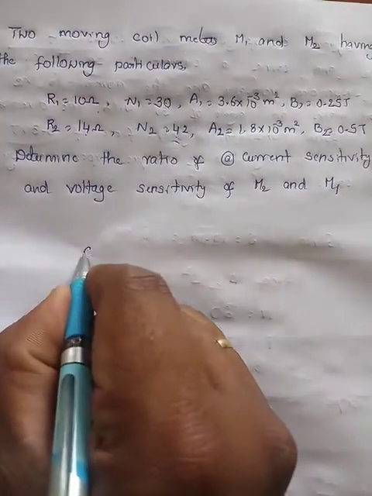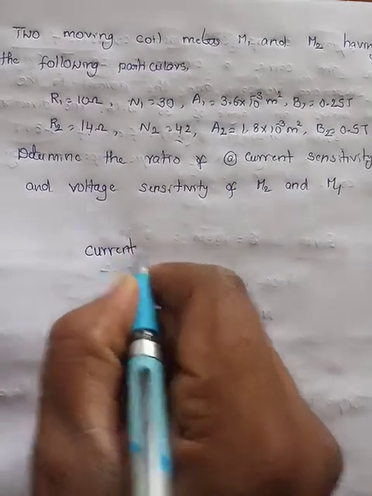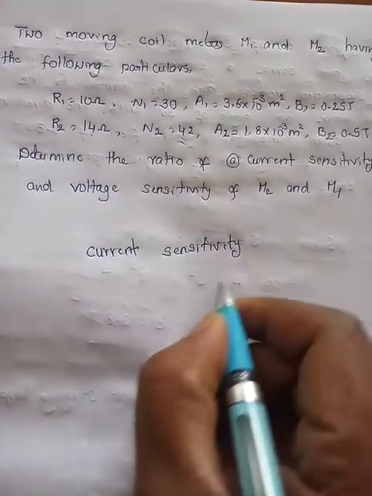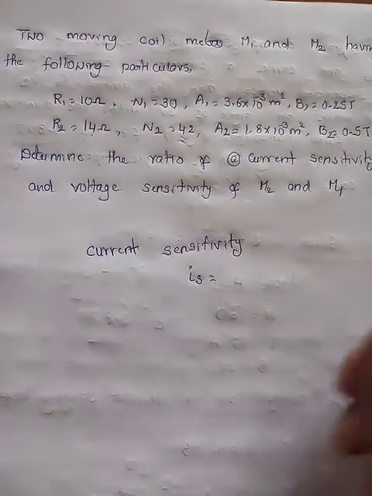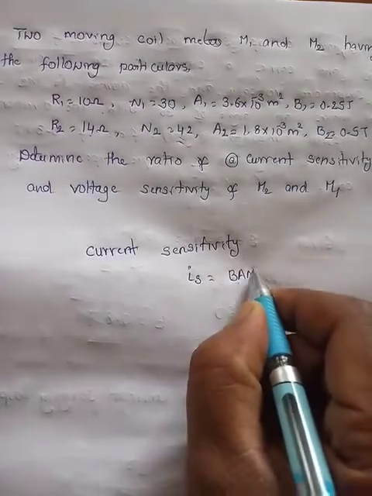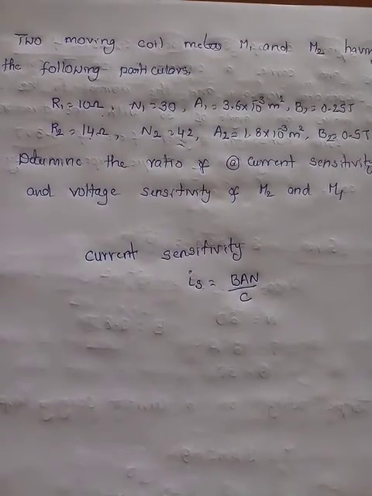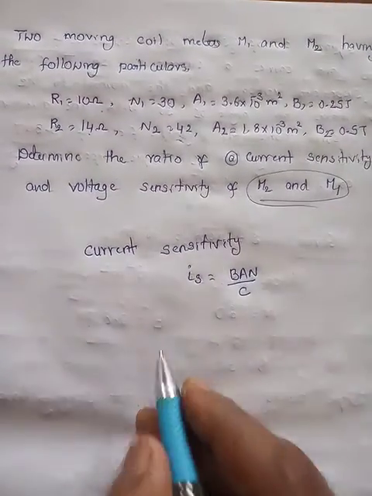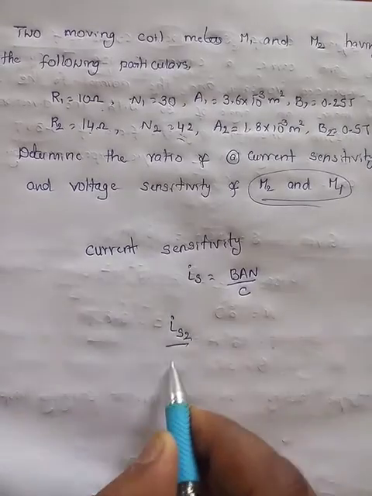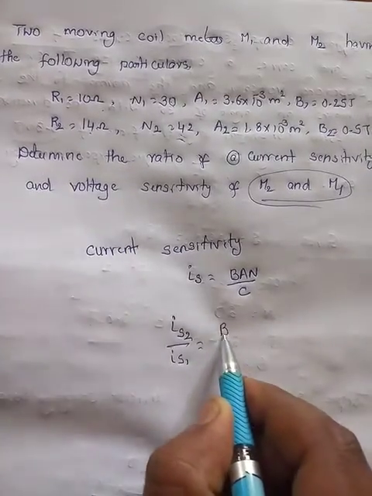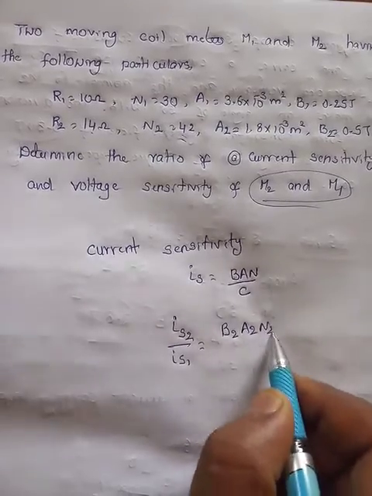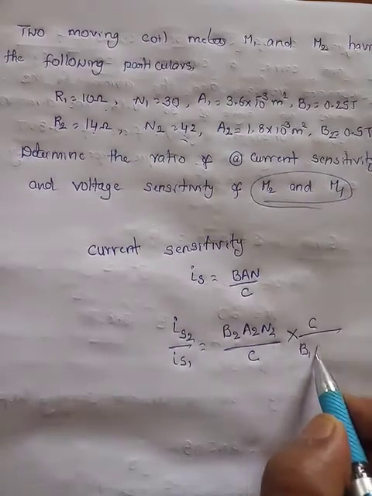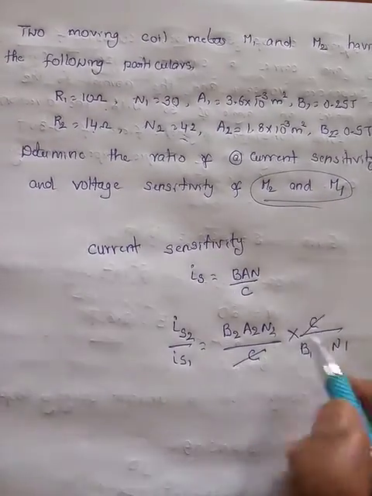So first we will write the formula for current sensitivity. While discussing the moving coil galvanometer, we got the formula for current sensitivity. Let us assume that IS is equal to what? BAN by C. Okay. Now they are asking for M2 by M1, means IS2 by IS1, that is B2 A2 N2 by C. Same coils, so C remains constant, reverse, C by B1 A1 N1, C cancels.